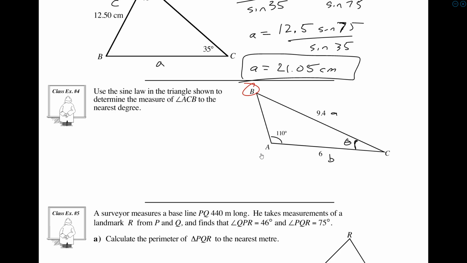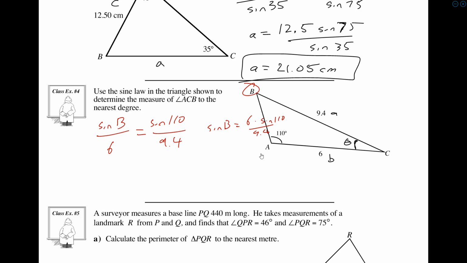So sine of B over side B equals sine of A over side A. So to find B, we see that sine B equals 6 times sine 110 over 9.4, and then you'll just inverse sine whatever you get, right?